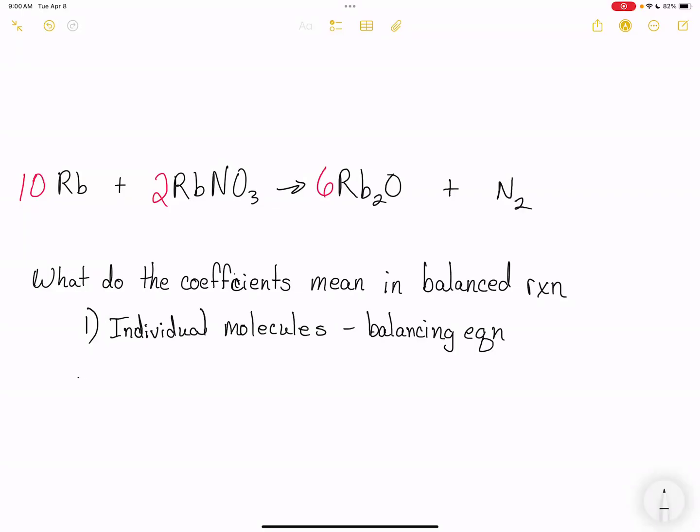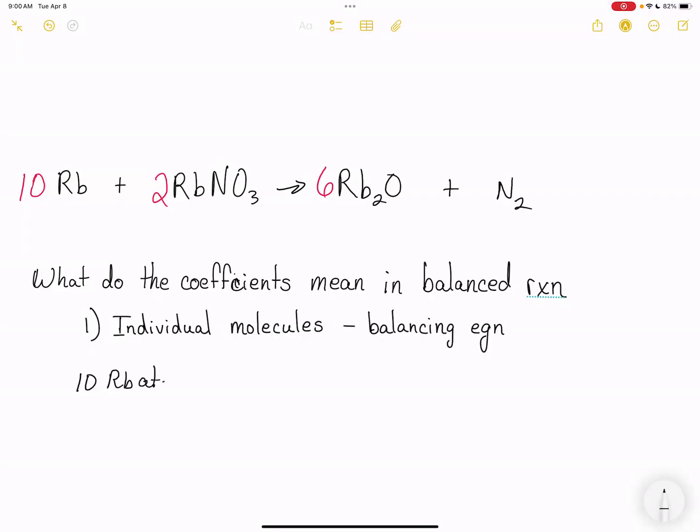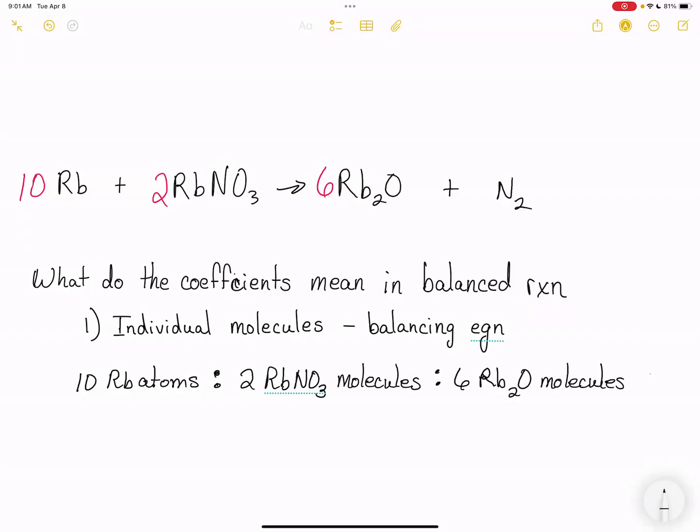So basically, we would say, okay, there's 10 rubidium atoms to 2 rubidium nitrates to 6 rubidium oxides to 1 nitrogen molecule.